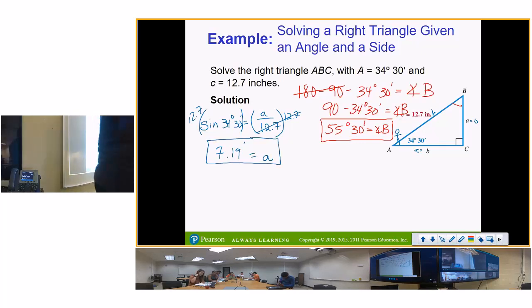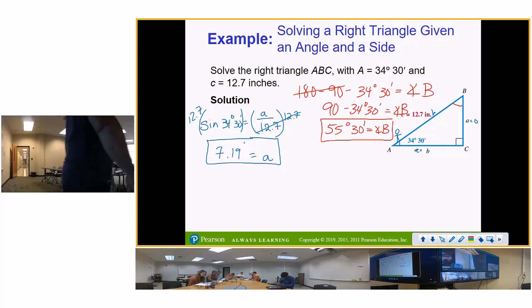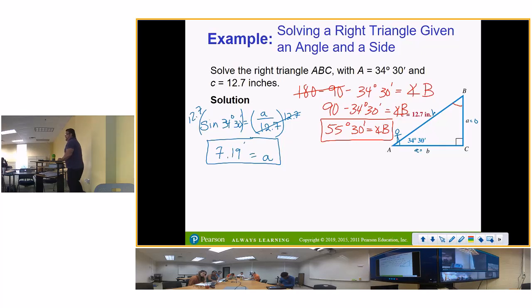Now, can I find the third distance not using trig? Yes, I could use the Pythagorean theorem. Or I can use the cosine. I don't care how you do it. Go ahead and do it. You can do 12.7 squared minus 7.19 squared, and then take the square root of it, and that'll give you the b.